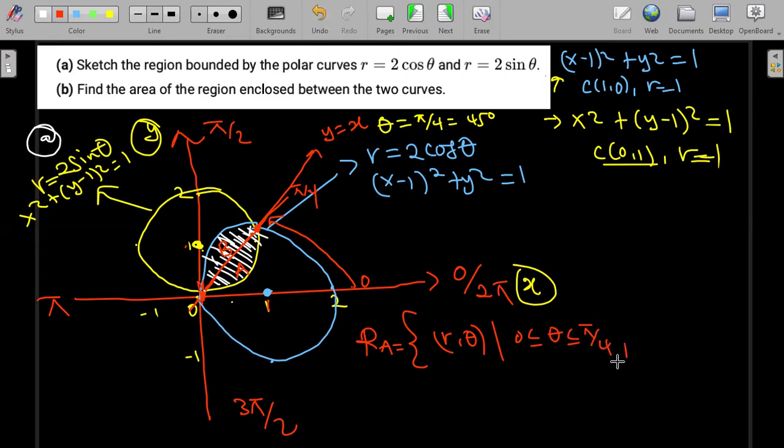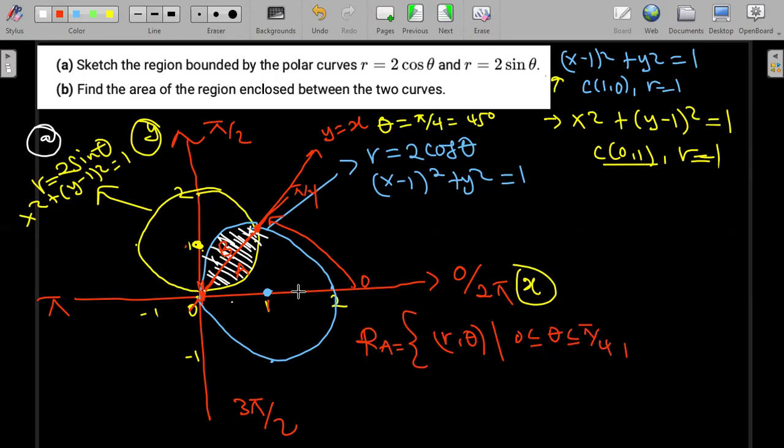Then how am I going to get my r, which is the radius? The radius will be from 0 all the way to the curve, the curve which is down.